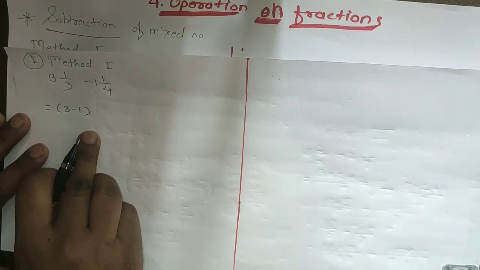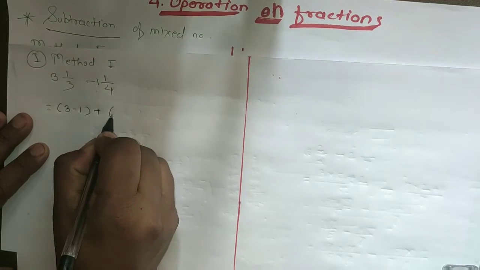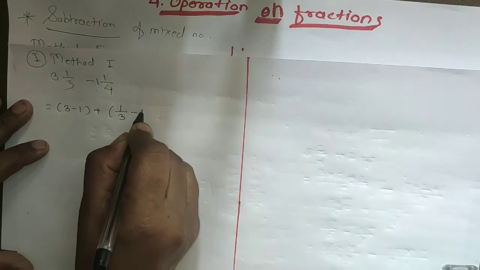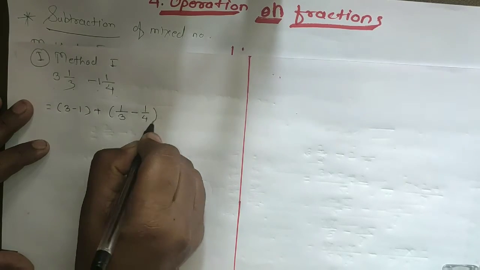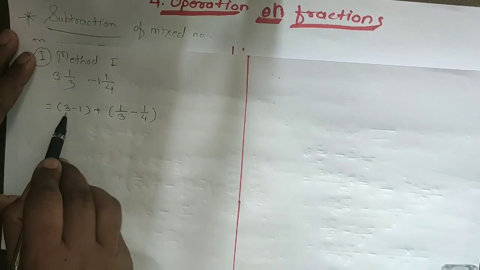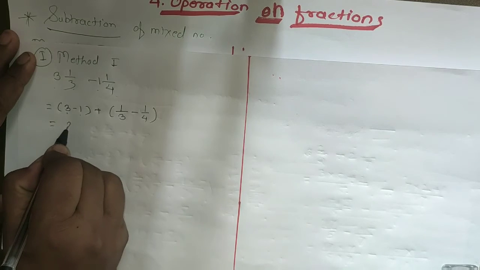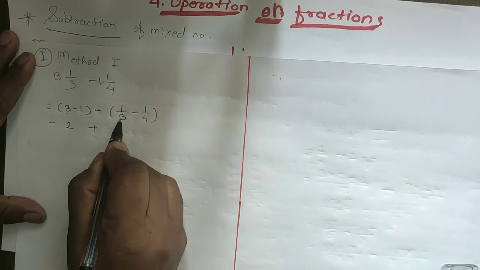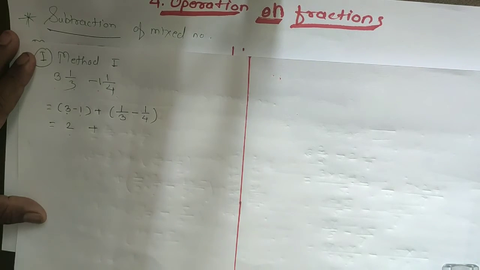This is 3 minus 1. Plus, in the bracket, write the remaining fractions: 1 upon 3 minus 1 upon 4. Okay. So here 3 minus 1 is equal to 2, plus here we have to make the denominators same.